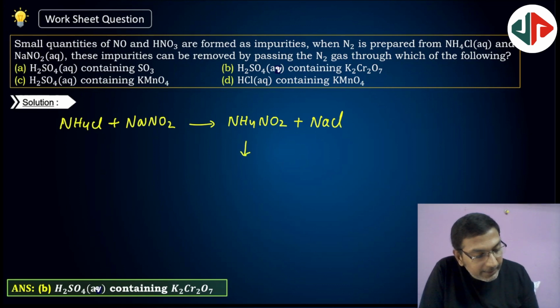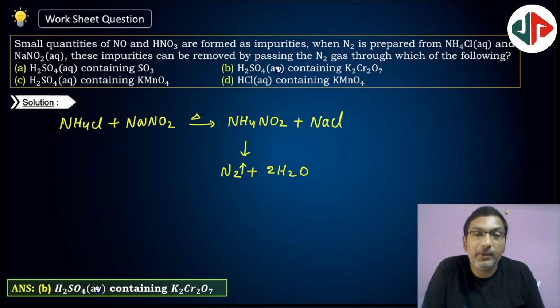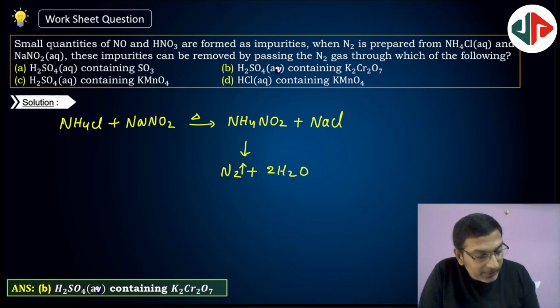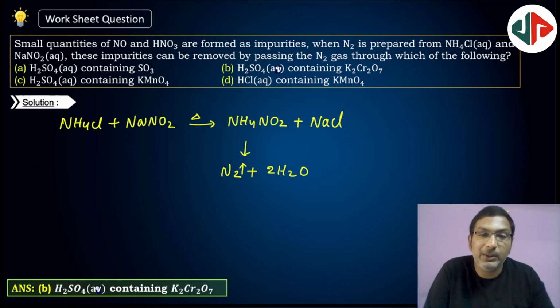So which on heating gives N2 plus 2H2O. This is the preparation. N2 gas will be formed. So this is most important preparation of N2 from ammonium chloride and sodium nitrite. Here the formed compound is ammonium nitrite, which on heating gives N2 gas.